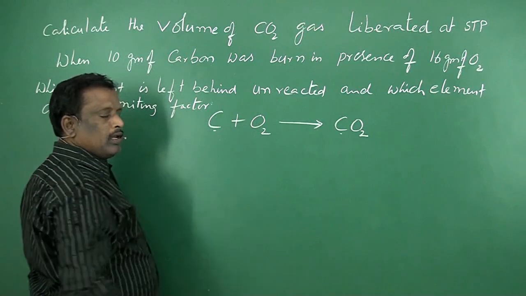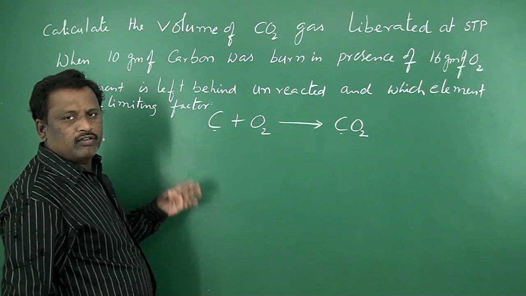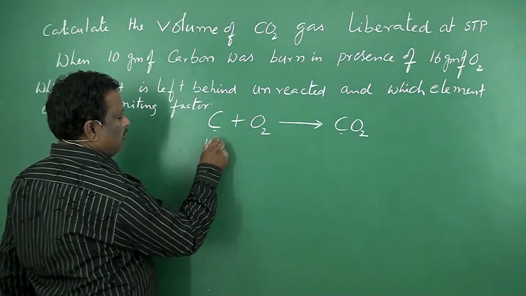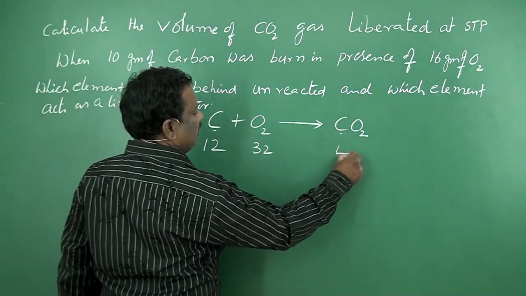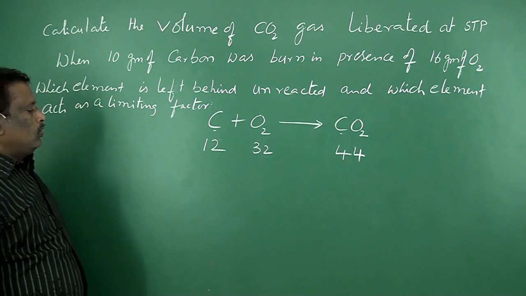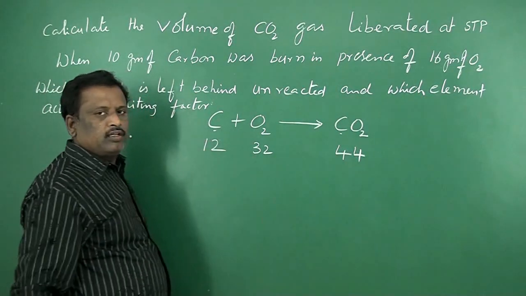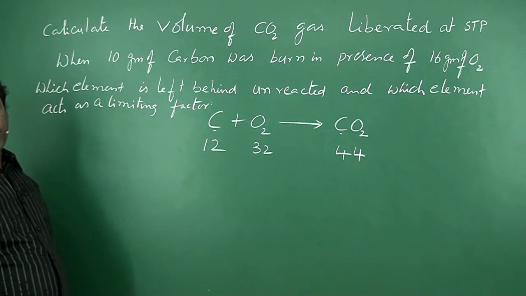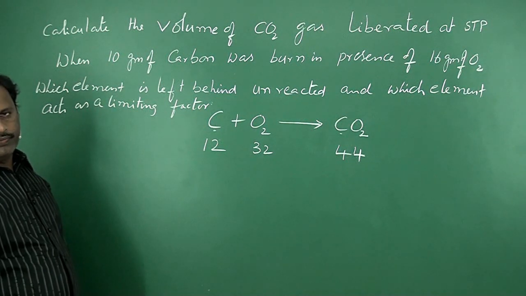Now if you apply the atomic weights and the molecular weights wherever required, you will get the ratio. Here the atomic weight of carbon is 12, the molecular weight of oxygen is 32, and the molecular weight of carbon dioxide is 44. Now 12 units of carbon react with 32 units of oxygen to give 44 units of CO2.